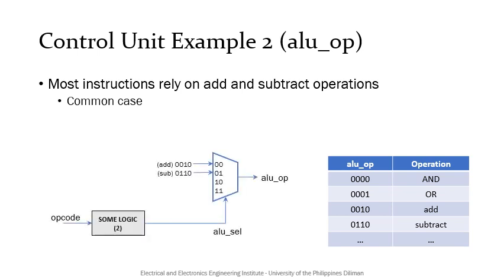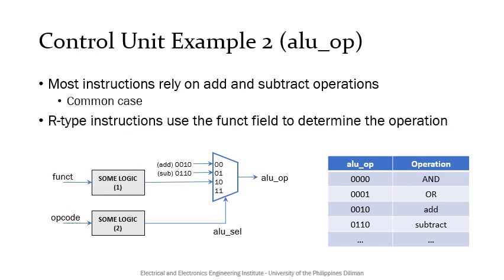Thus, we can do something like this, where the ALU op is allowed to take in the codes for add and sub using a multiplexer whose select signal is based on some logic function that takes the opcode as the input. What we can do for the remaining R-type instructions is to construct another logic block which converts the function into the corresponding ALU code.